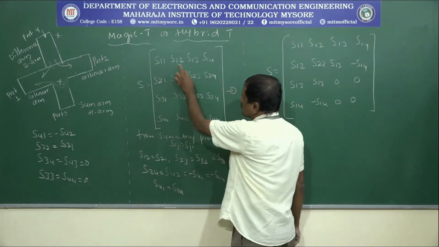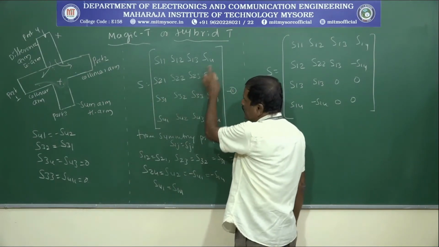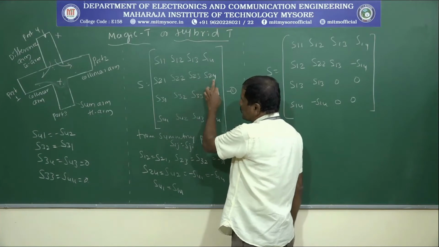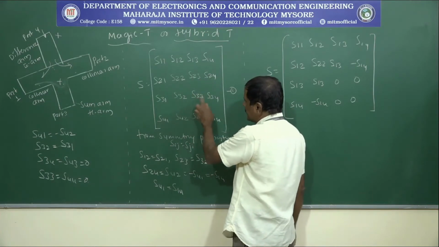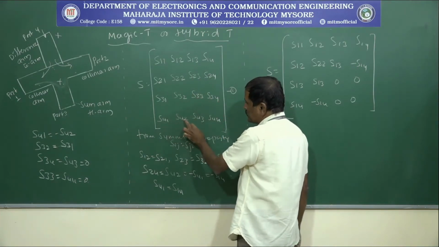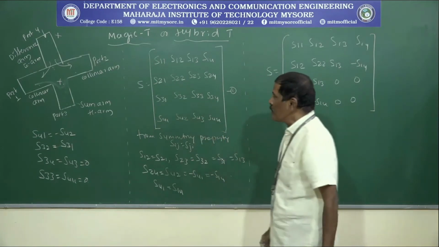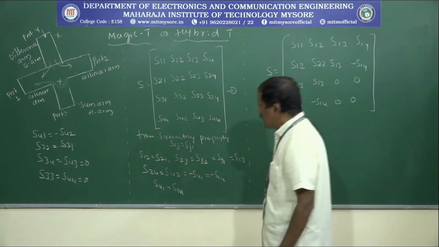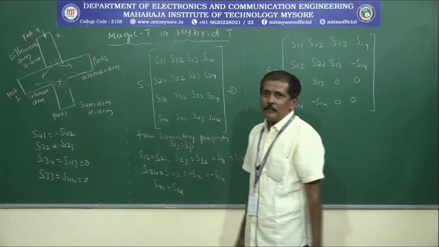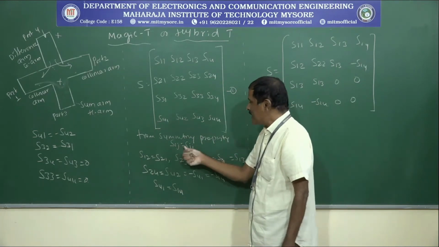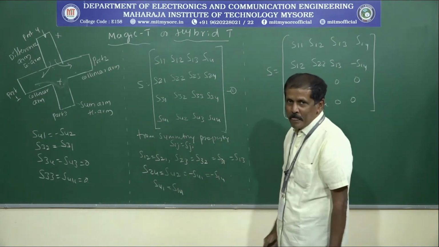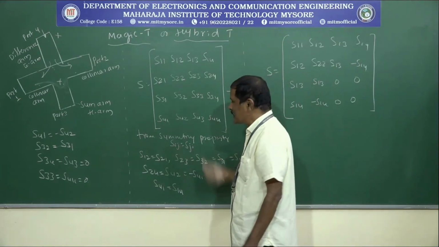Then S11, S12, S13, S14, S21, S22, S23 and S24, S31, S32, S33, S34, S41, S42, S43 and S44. From the symmetric property, we know that Sij equals Sji.